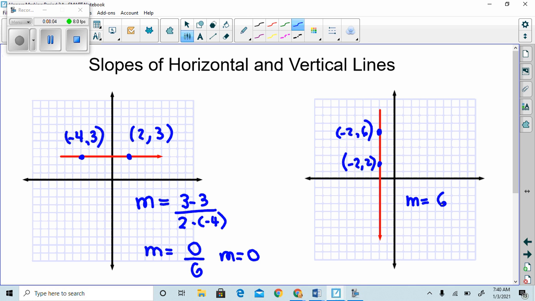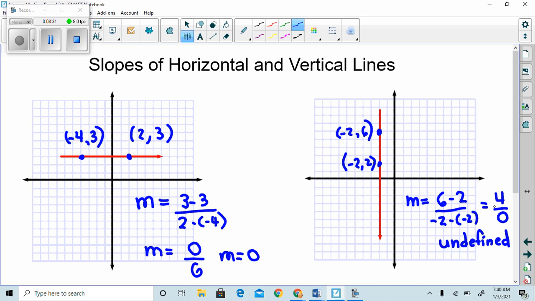We'll take 6 minus 2 over negative 2 minus negative 2. Add the opposite here, gives me 0. We should remember that when we're dividing by 0, we cannot divide by 0. That's an undefined statement. So my slope of this line is also undefined.